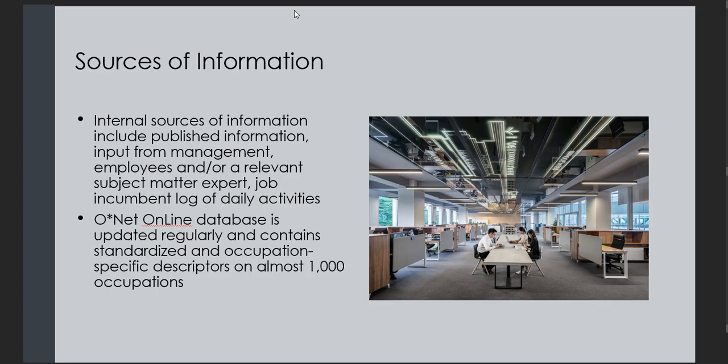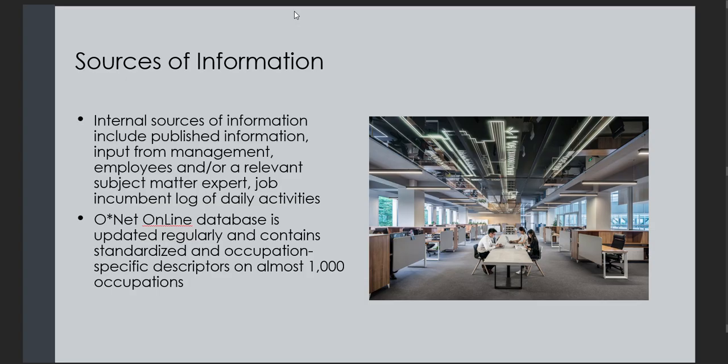So now the sources of information. You have internal sources. This is published information within the organization, input from management and employees, subject matter experts, and job incumbent logs of daily activities. Now, something very interesting is the O*NET online database. It is updated regularly and contains standardized descriptors on almost 1,000 occupations.